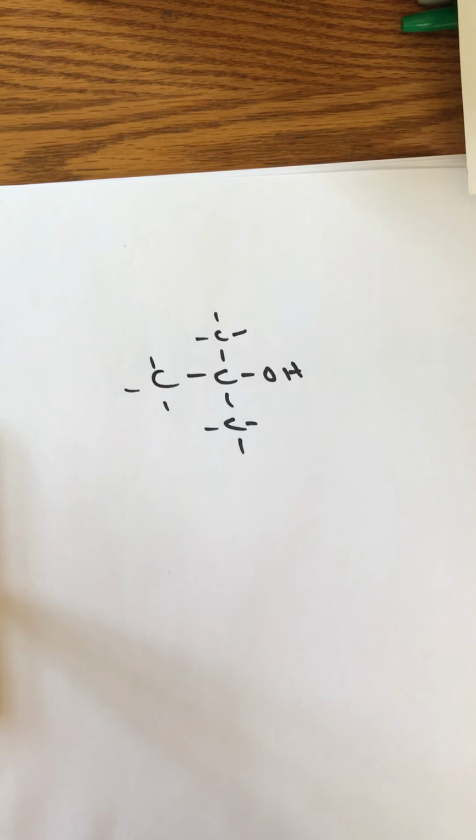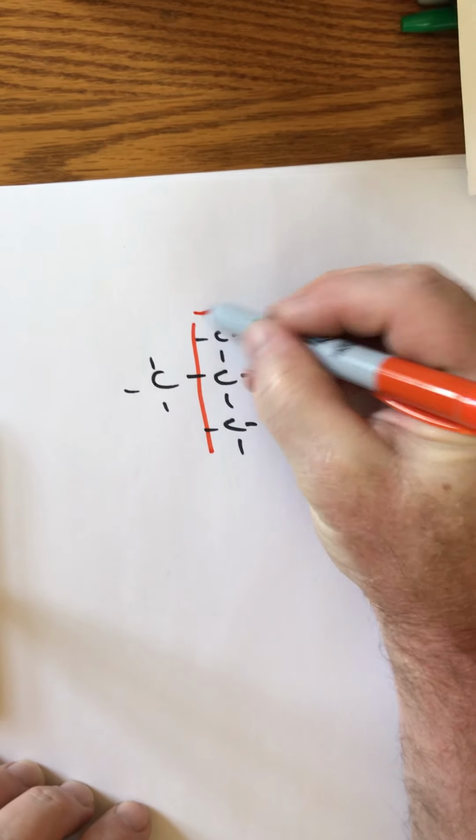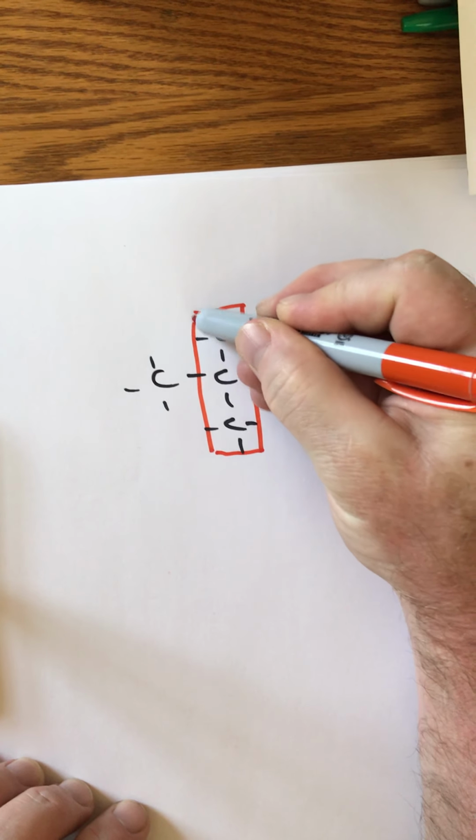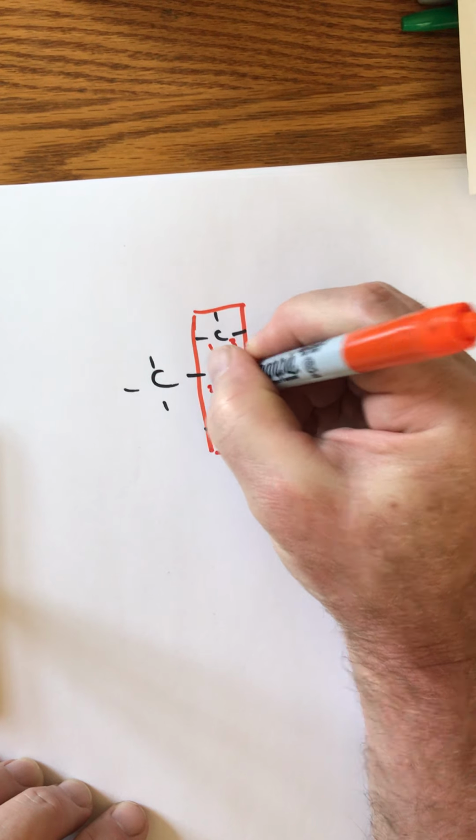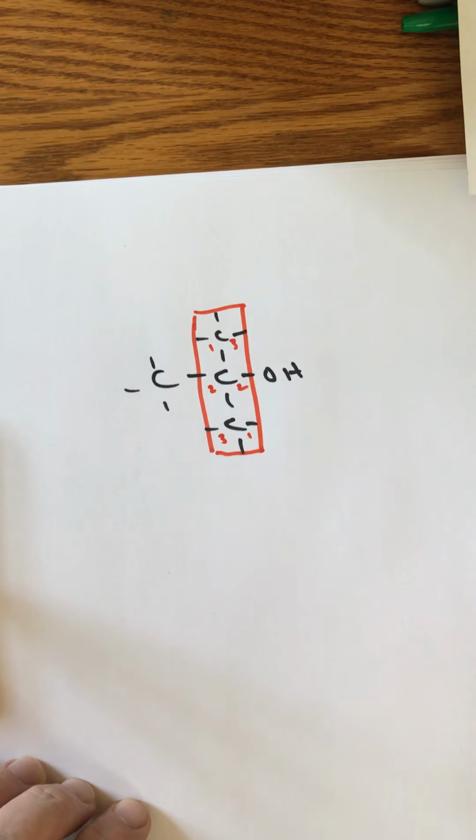Either way, 3. Let's just make it a straight line, make it simple. So let's say that this is my carbon chain. 1, 2, 3, or 1, 2, 3. Either way, what I called my main carbon is carbon number 2.